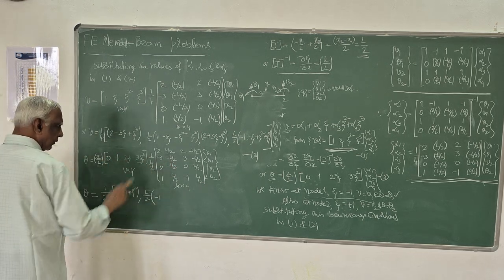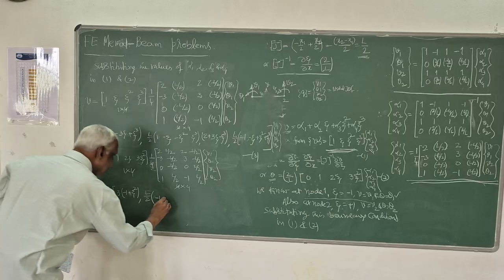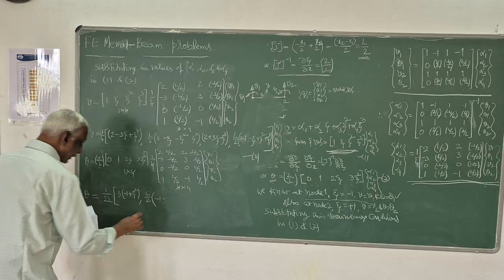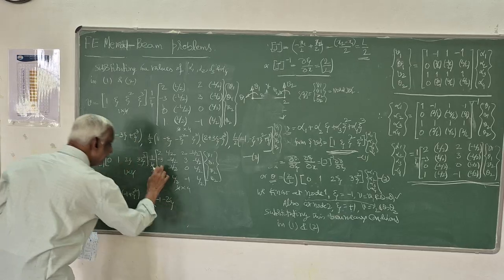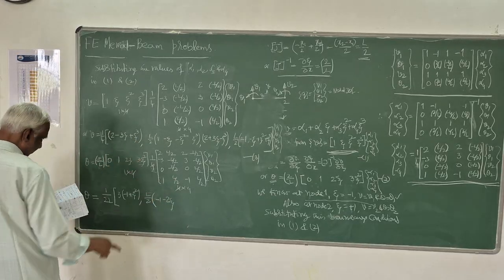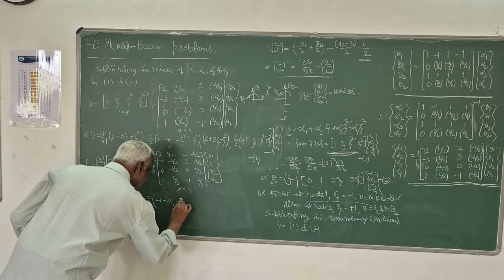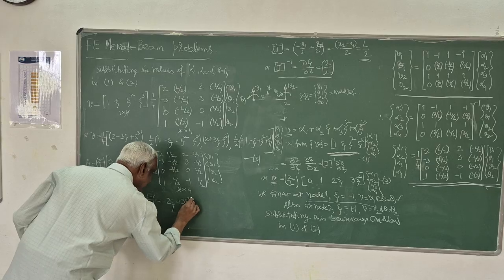Then 2 into minus 2 xi, that is minus 2 xi. Minus 1 minus 2 xi. Then this 3 xi square plus 3 xi square, 3 xi square.